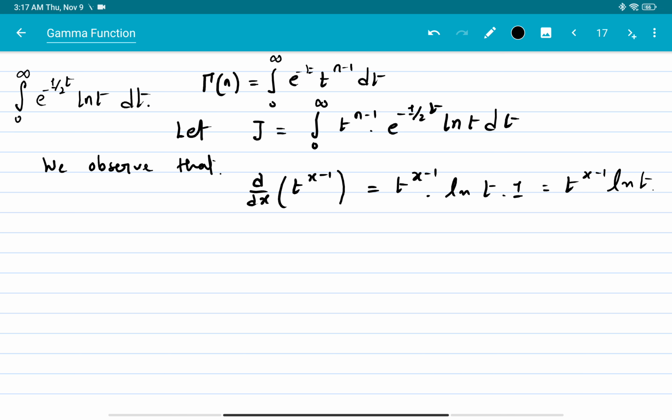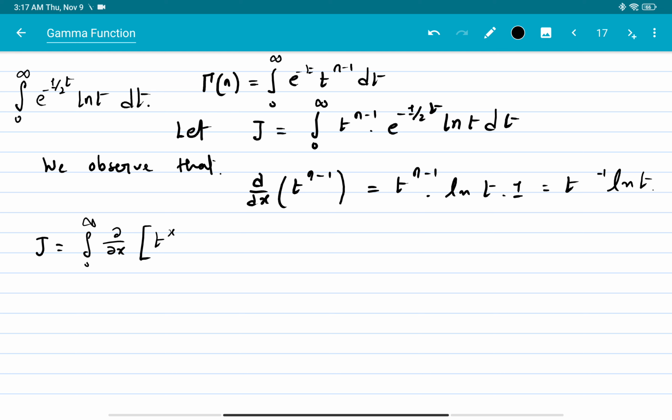Now we can write this J equals the integral from 0 to infinity of del x of t to the power n minus 1.